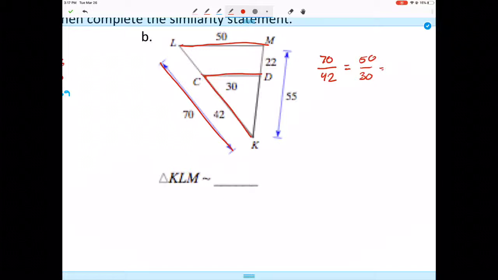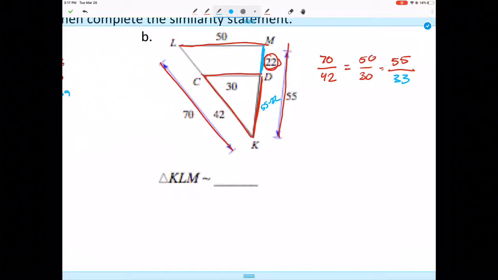And also, this long length, which is 55, divided by, now, wait a minute, this is the length of the triangle, which is right here. They give us 22, which is this part. So we would need to do 55 minus 22, and that would leave us with 33.